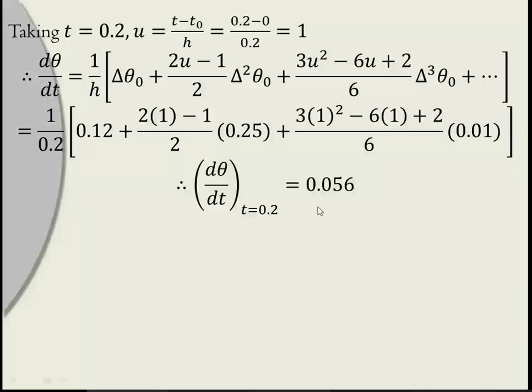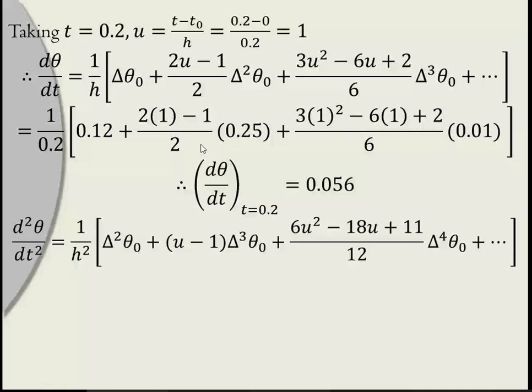For the second order derivative, if we take the derivative of this term with respect to u, the delta theta term will be 0. The derivative of the next term will be 2 upon 2, that is 1, times delta square theta naught, and we get the other terms similarly. You can remember this as the formula.